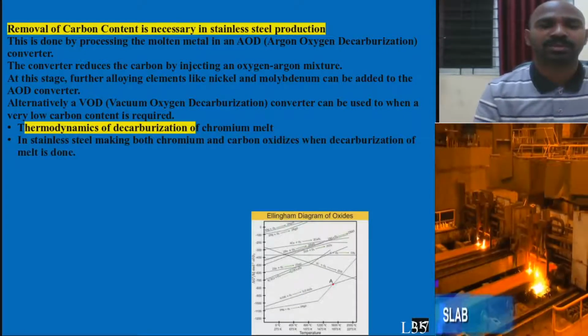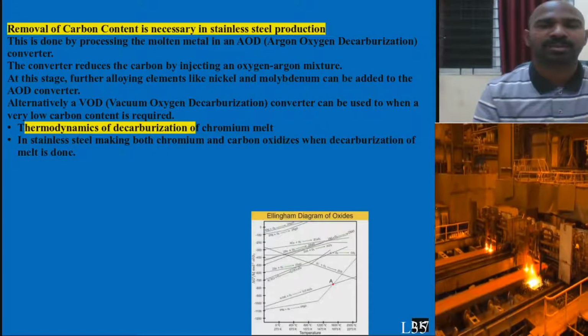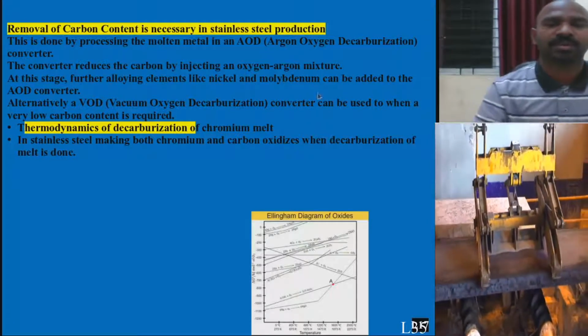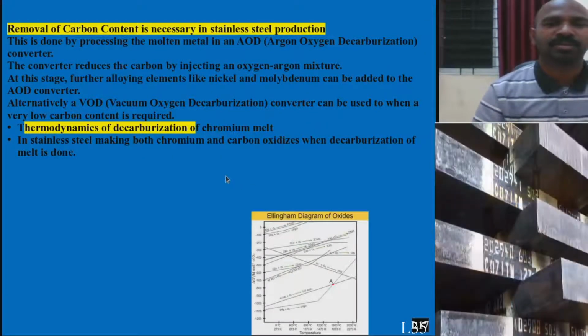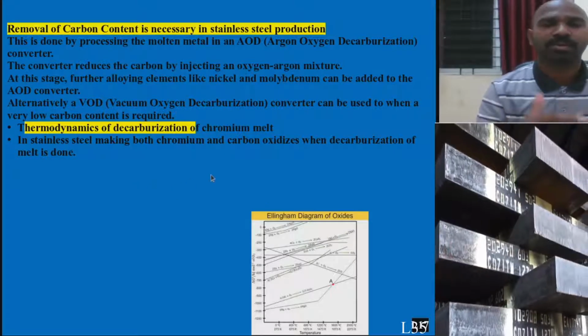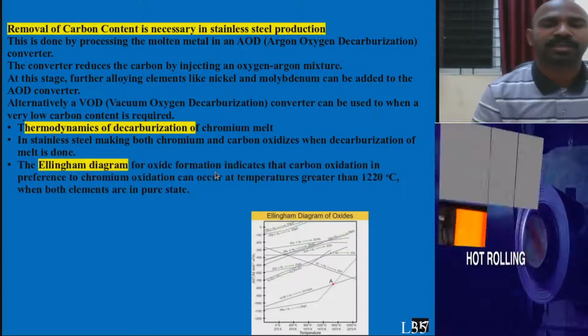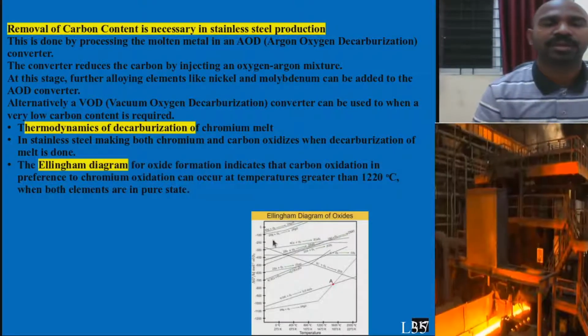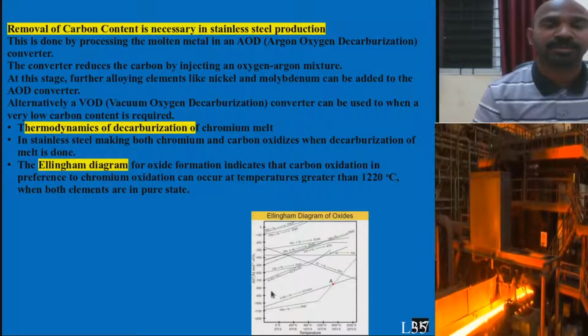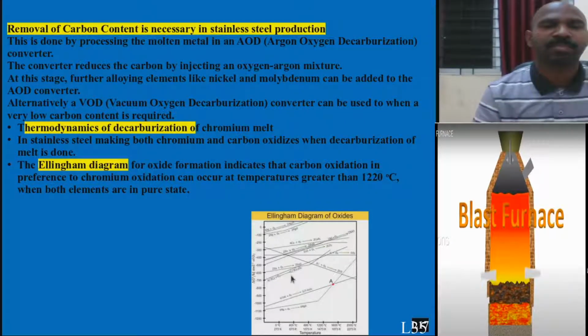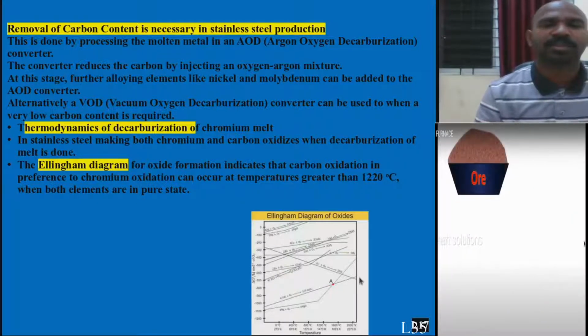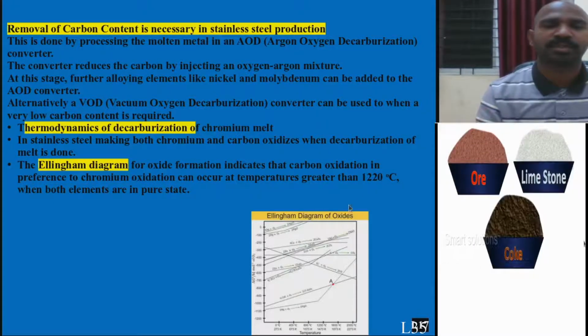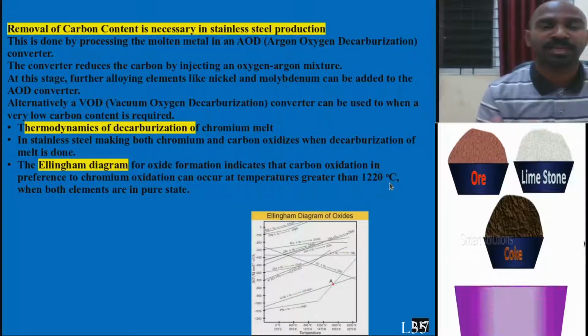For example, both chromium and carbon oxidize when melting occurs. How do you understand that point? In this Ellingham diagram, as shown at the bottom, this is the chromium plus oxygen line, going up, and the carbon plus oxygen line is coming down. They intersect at around 1220 degrees Celsius.